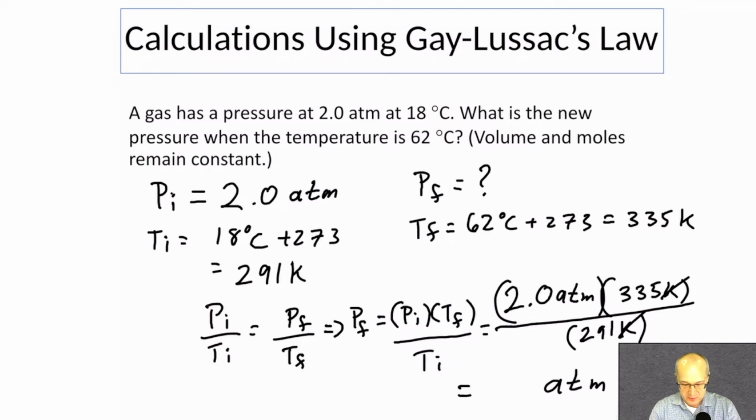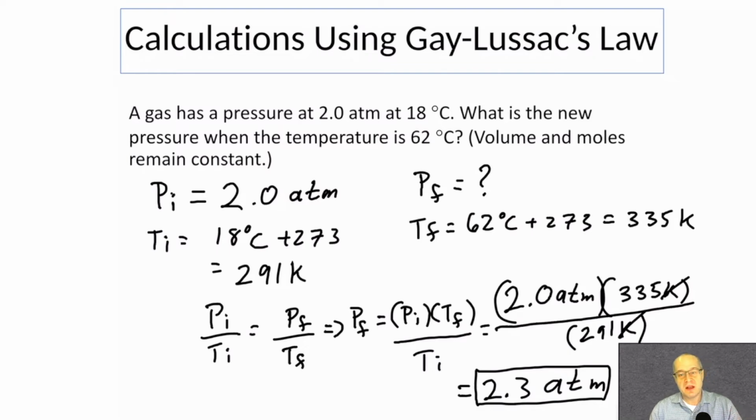Bust out your calculator. 2 multiplied by 335, divided by 291, equals 2.3 atmospheres. So that's how much the pressure will go up in this system.